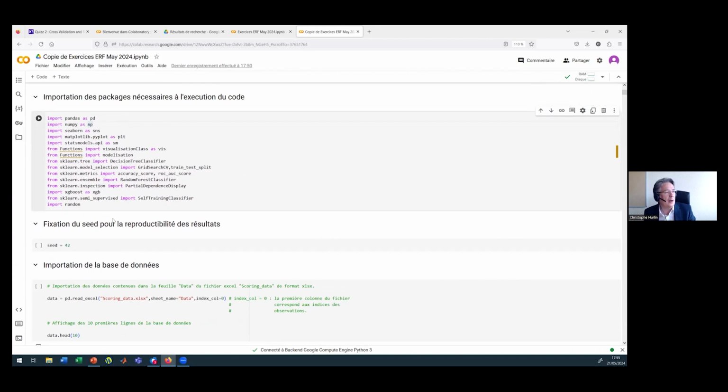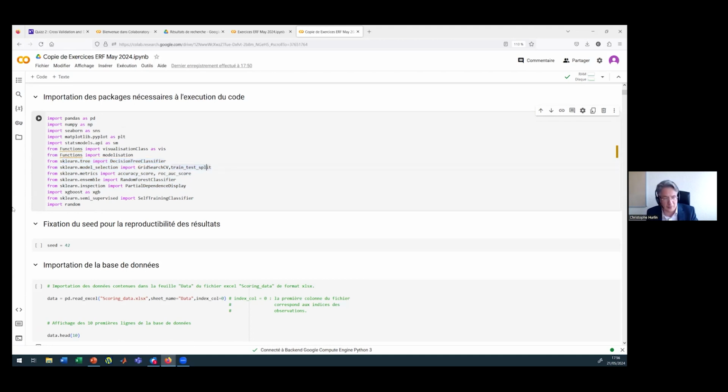I will not explain why, but for instance, you observe that we import some parts of scikit-learn. This is a package in which I have many functions for machine learning models, machine learning evaluation, cross-validation, etc. For instance, I import from the scikit-learn tree package the decision tree classifier function.